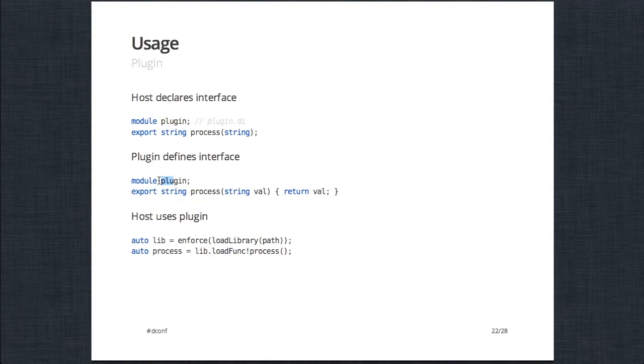Like in each shared library, you have the same module with the same names, and therefore the host knows in advance where to load the functions and where to get the interface. This is actually very similar to how you would do it in C, where you have predefined function names for all these interfaces. So in a certain kind it resembles the same thing.